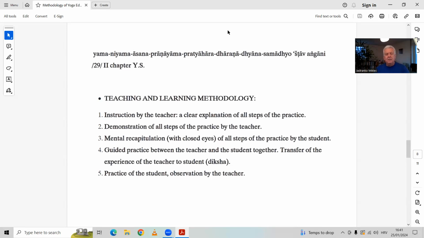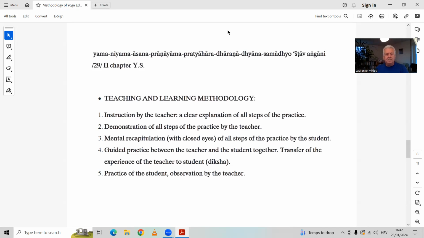So the first step is a very clear instruction by the teacher, very reasonable, logical, not dogmatic, and explaining the reason why to do a certain thing this way. Then the student understands this.